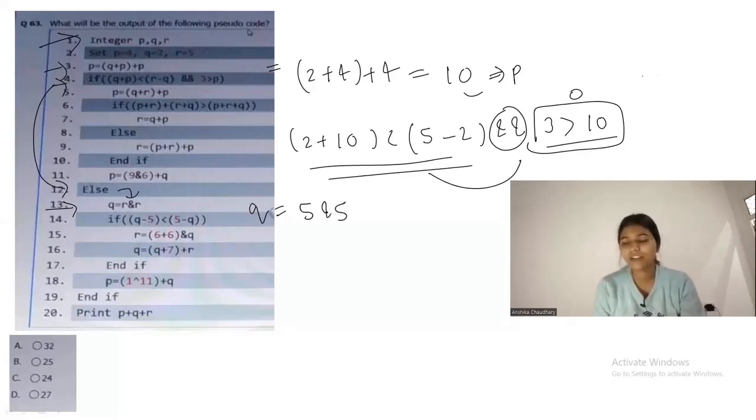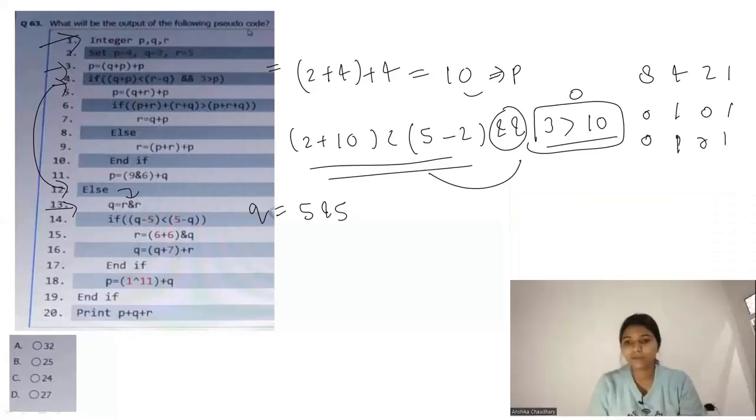There is a code 8421. We can make 5 as 4 plus 1, so at the positions of 4 and 1 we mark 1 and 1, and the remaining places are 0. So this is the binary code for 5: 1 0 1. Again 1 0 1. Now we need to perform the AND operation.